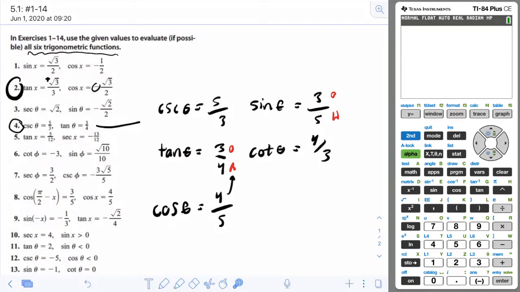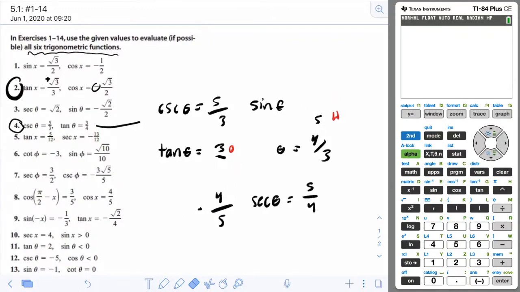So we've got our cosine, and then you could also find secant just by finding the reciprocal of cosine. So that's going to be 5 over 4. So you don't have to draw the examples, but you can if you want to make it a little bit easier. So, okay, let's look at a couple other examples.